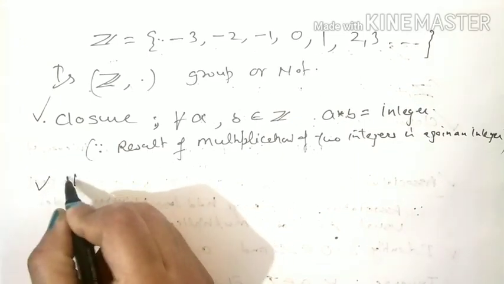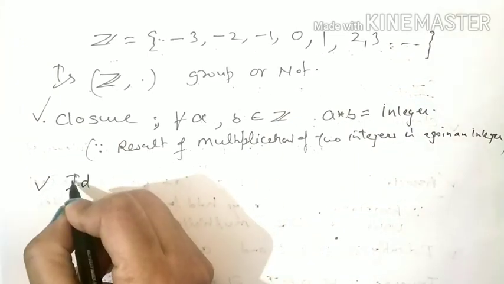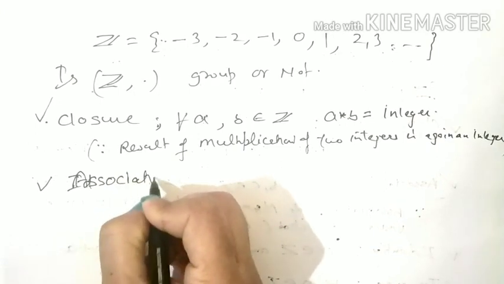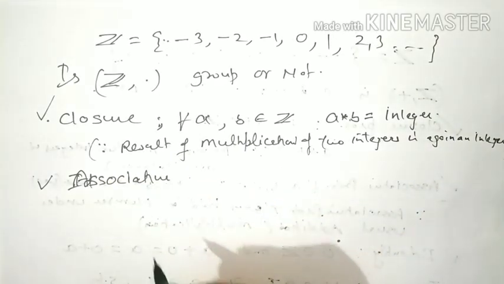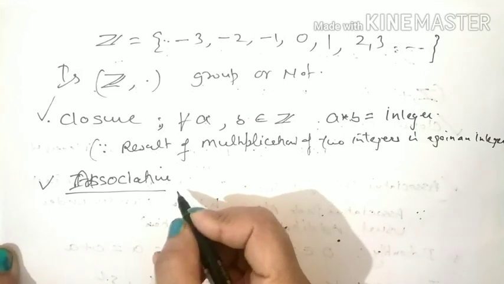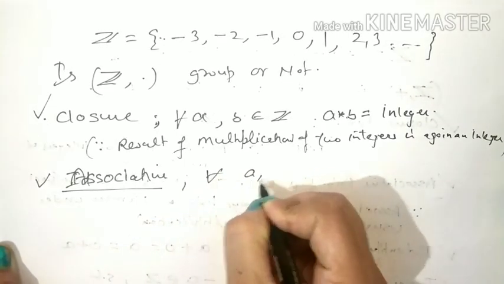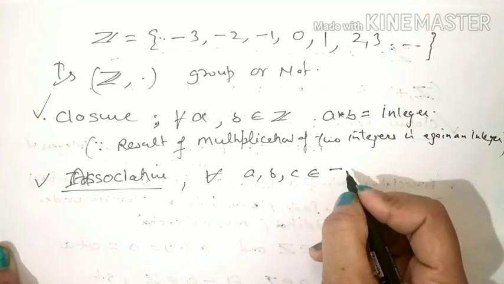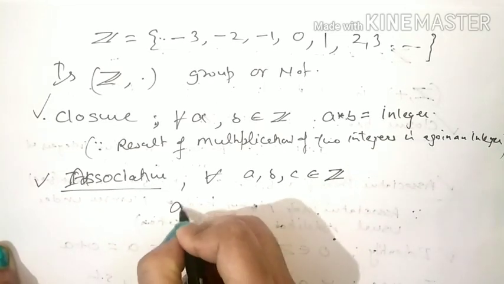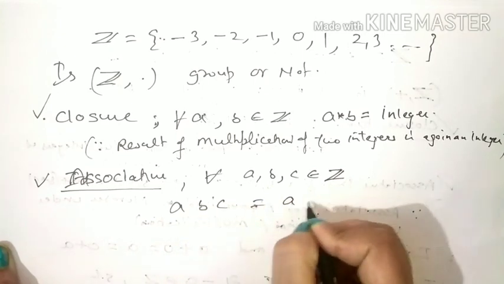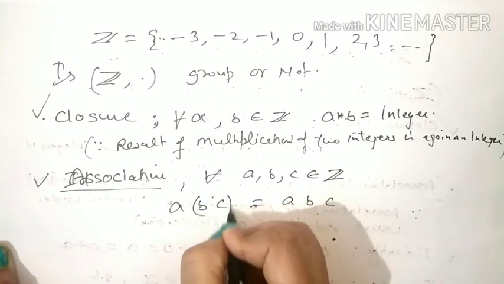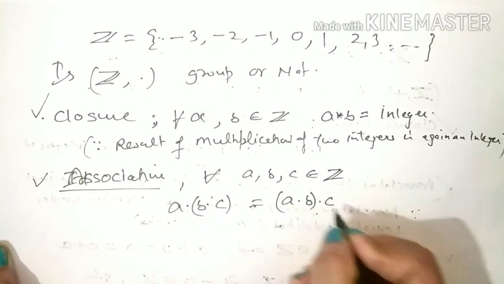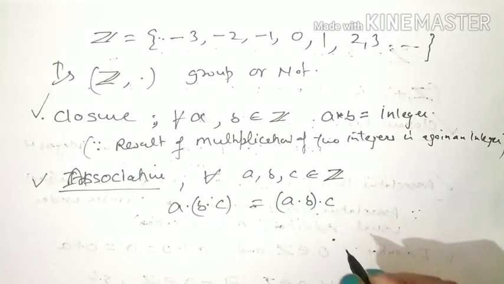Next is identity. First of all, the associative property. We don't have to prove this again and again, but we have to mention it. We have to write the associative property. Associative property means for all three elements in the set of integers, if we multiply the three, we just change the bracket, the order in which they are multiplied, and the answer will remain the same.